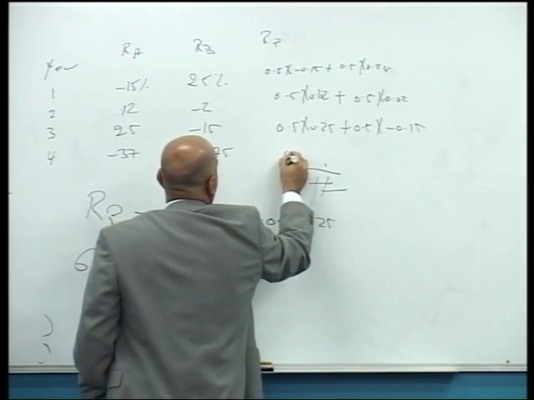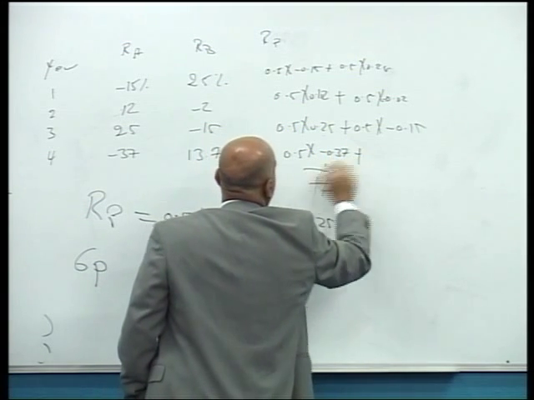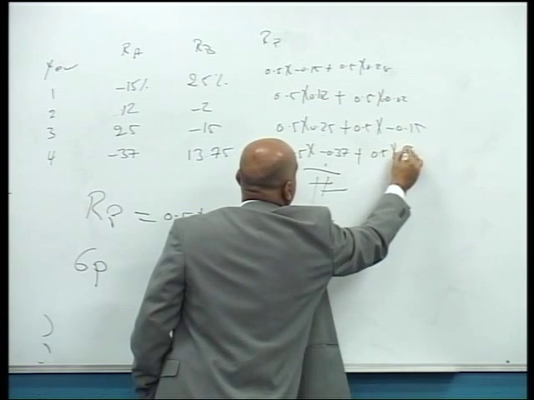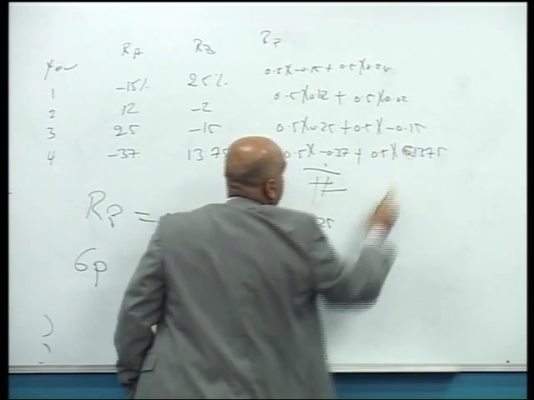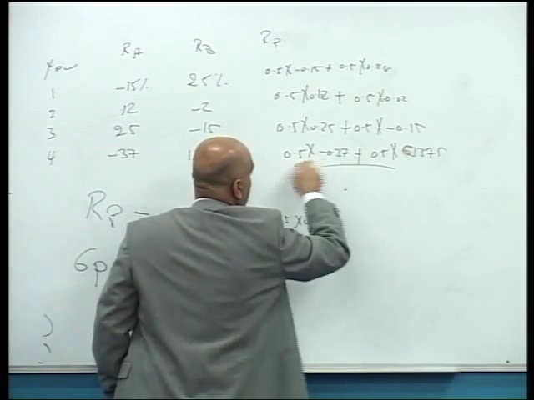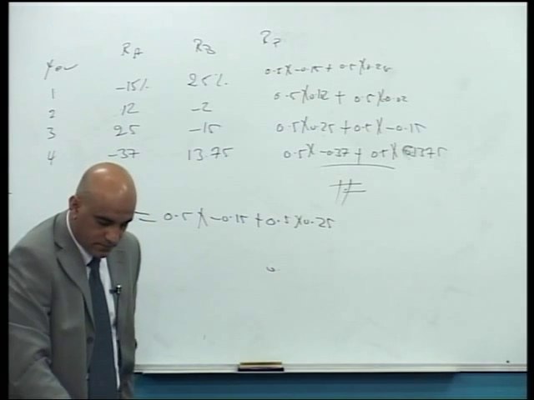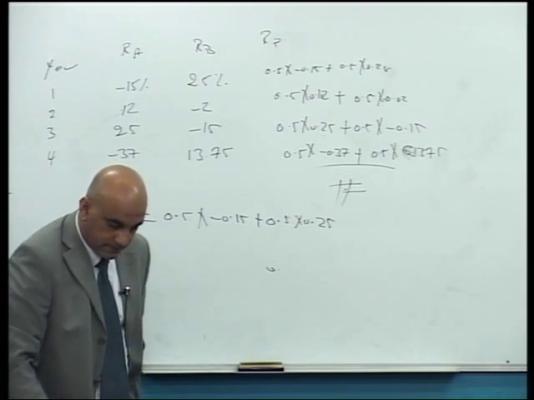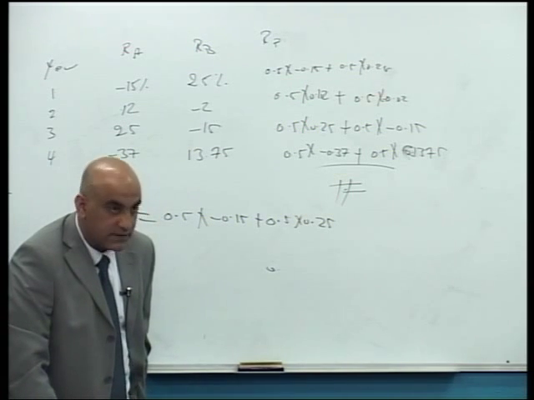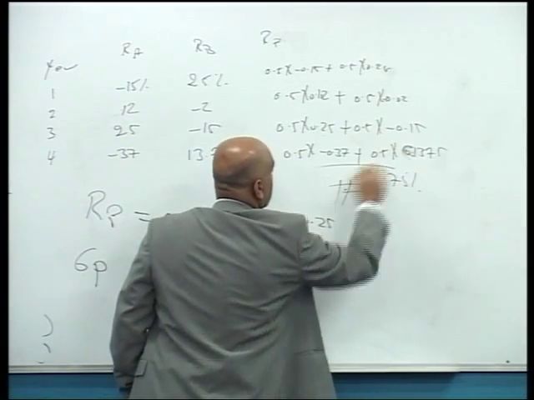The last one: 0.5 times minus 0.37 plus 0.5 times 0.1375. And then you have the answer. What is the answer? It's 4.75%.